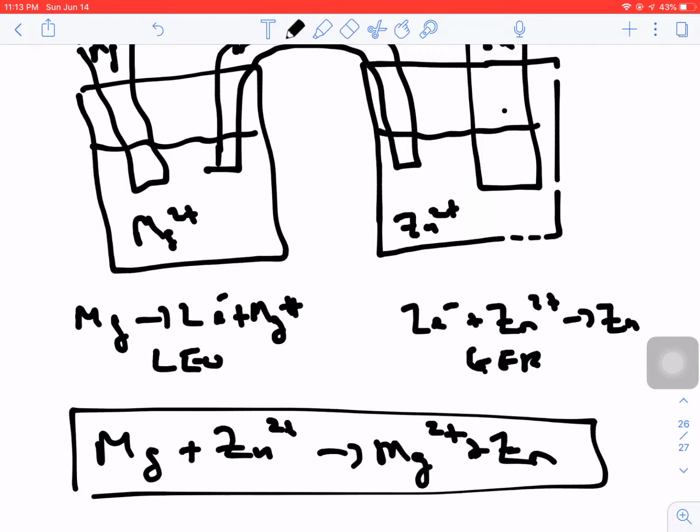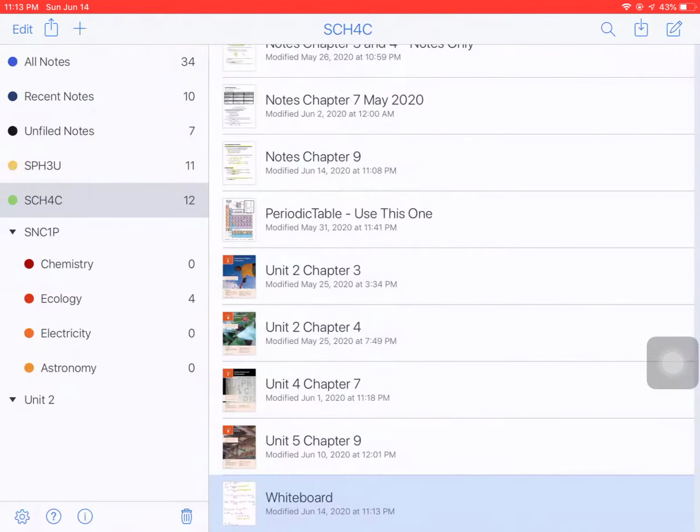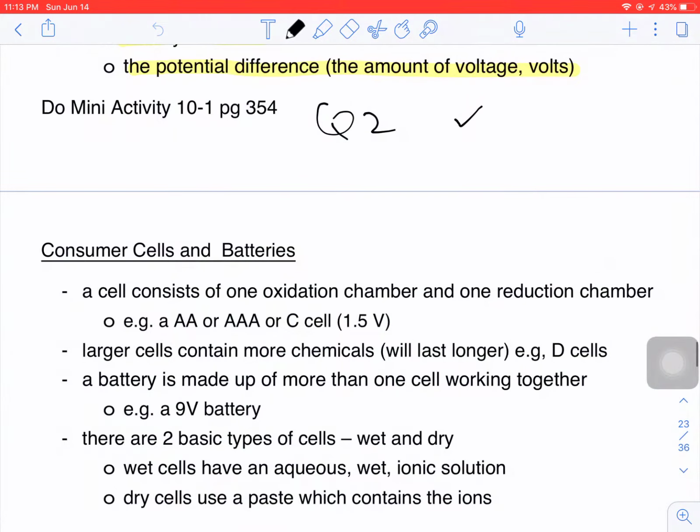Okay, so that's basically how galvanic cells work. Now, I said to you yesterday that galvanic cells work a lot like batteries. And really, if we look inside a battery, a cell contains one oxidation chamber and one reduction chamber. So if you buy your standard AA or AAA or C cell or D cell, inside here there is one container or one section for oxidation and one section which is where the reduction is going to happen.